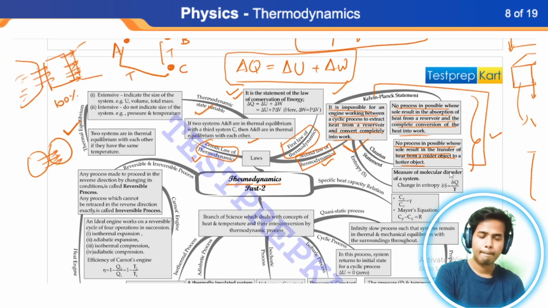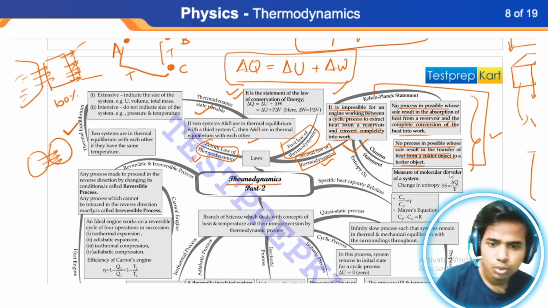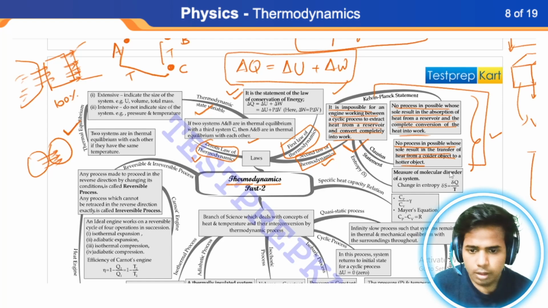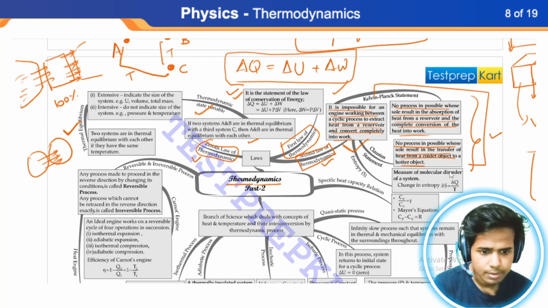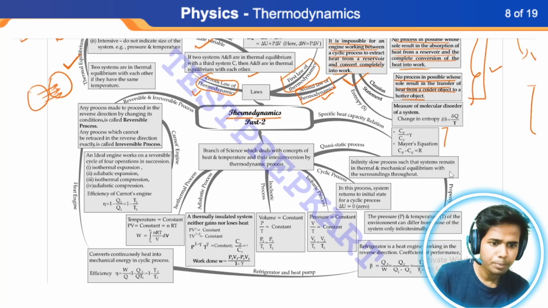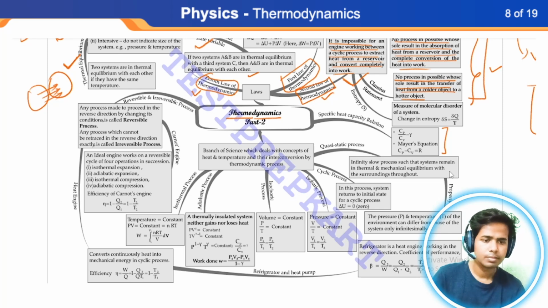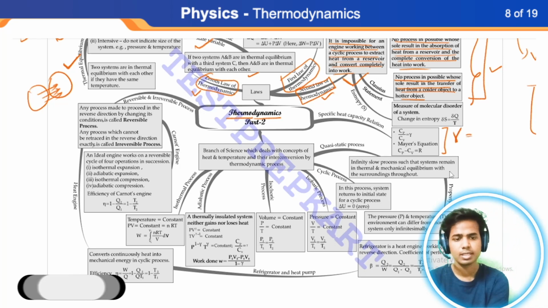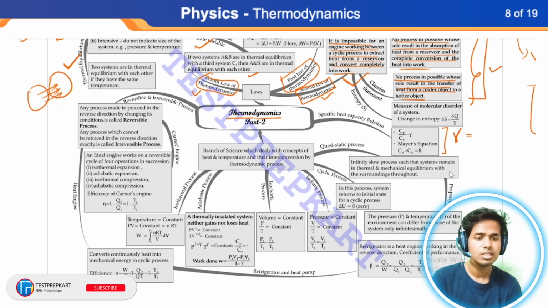Okay, now coming to something called Mayer's equation. First of all, this gamma that we define here is a property of any matter or any gas, actually, to be more precise, because these laws generally apply in practice to gases.